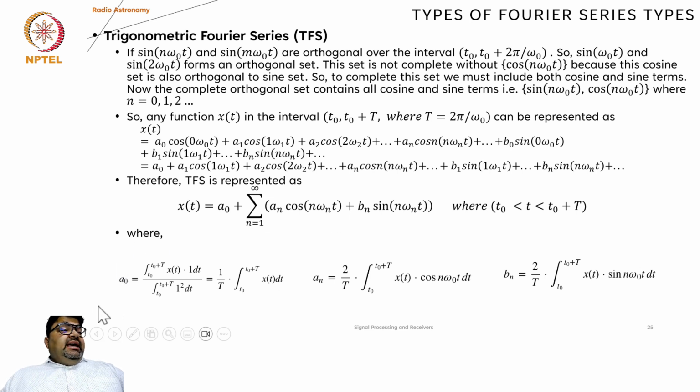In this case, a naught can be evaluated by 1 over T, integral from t naught to t naught plus T of x(t) dt. An can be represented in a similar way by x(t) cosine n omega naught t, and bn as x(t) sine n omega naught t dt, integral from t naught to t naught plus T, with 2 pi over T in the front.